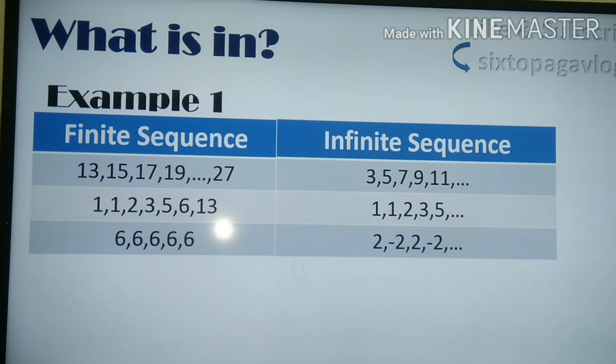So all of the terms, okay, so meaning there is a continuity of terms by means of the symbol ellipsis. Okay, so that is the first example. So differentiation between finite and infinite sequence.